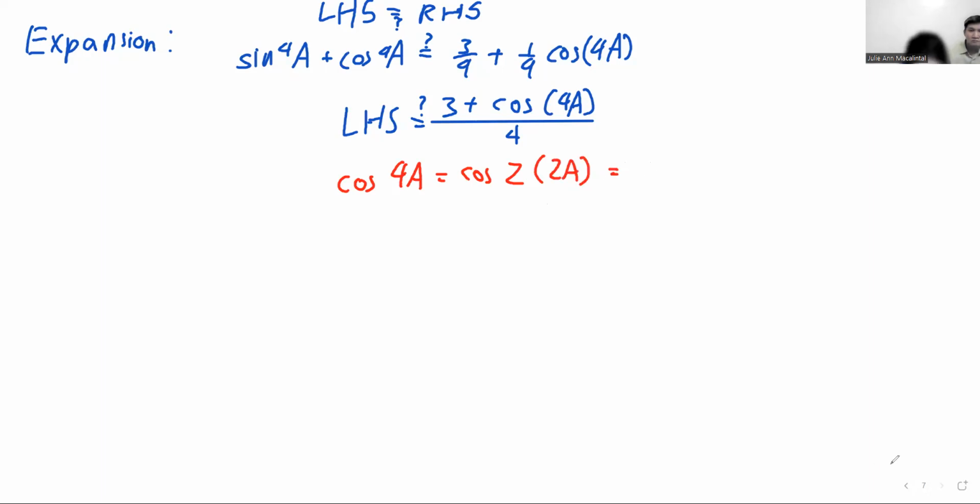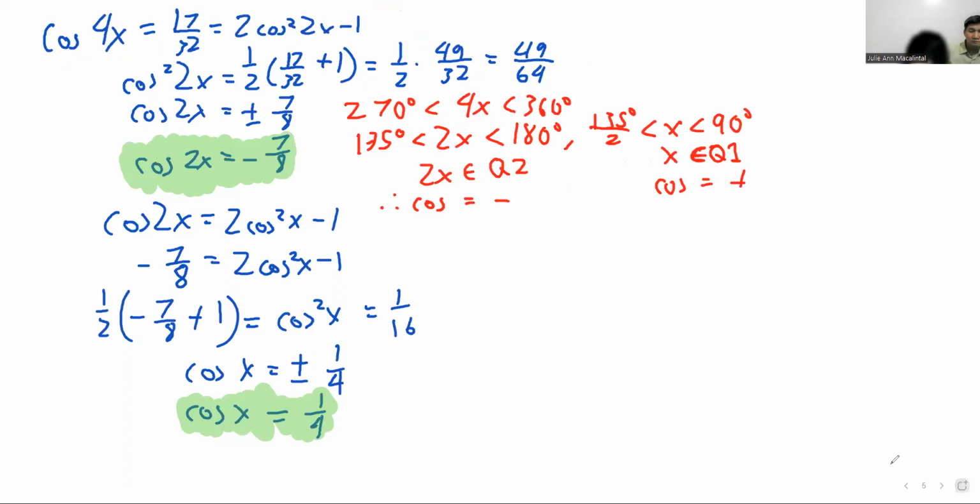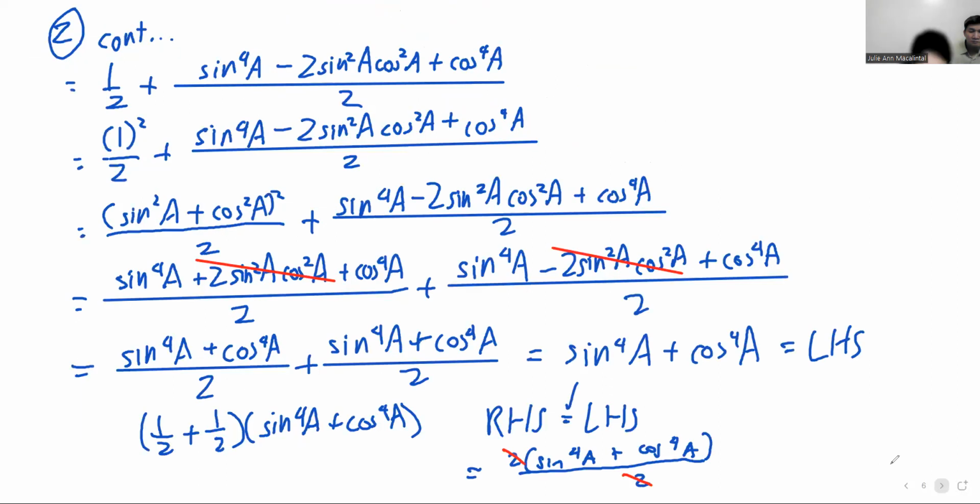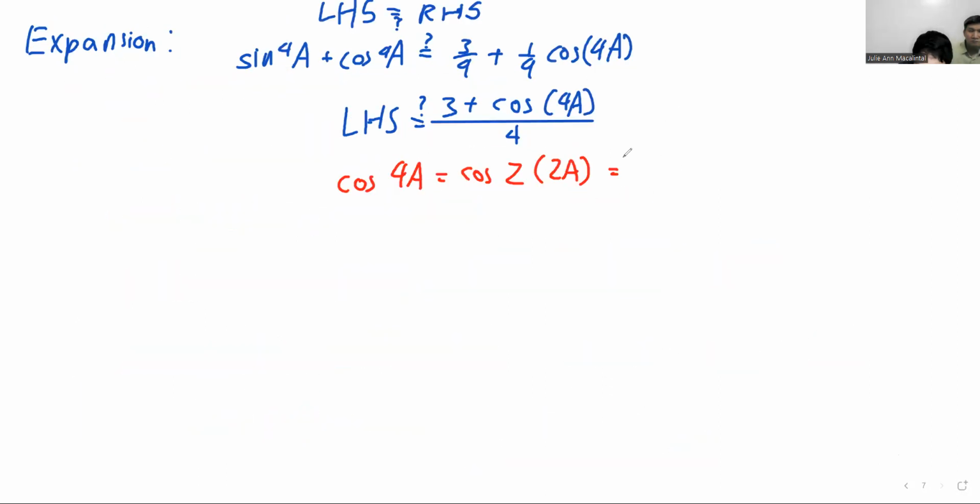I think earlier we did this too, maybe. I'm not sure. Anyway, we will substitute this into the cos 4a, 2 cos squared 2a minus 1.